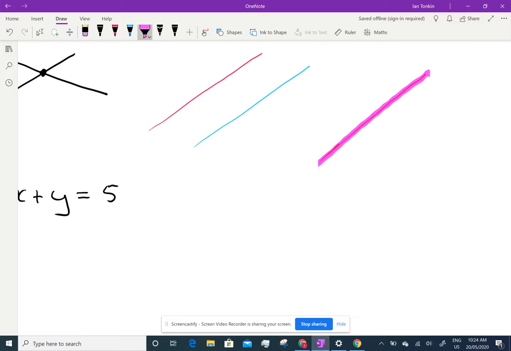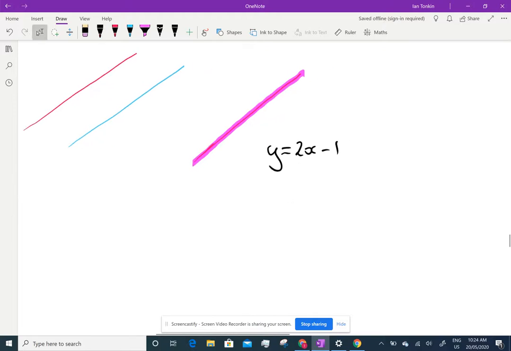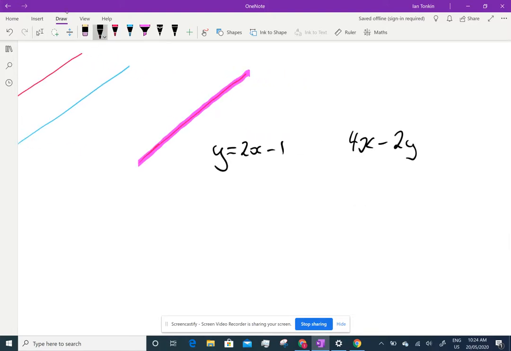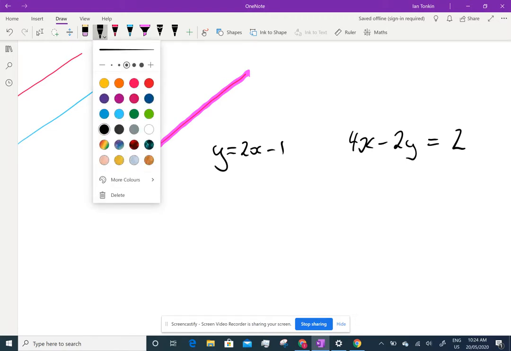So you might get an equation that is y equals 2x minus 1, and you might get an equation that is 4x minus 2y equals 2. Now they're the same equation, so when you solve them, you get an infinite amount of solutions. How do I know they're the same equation?